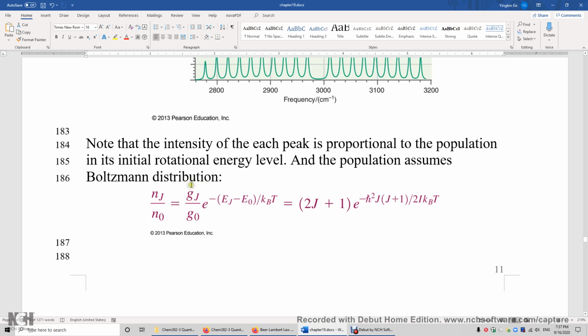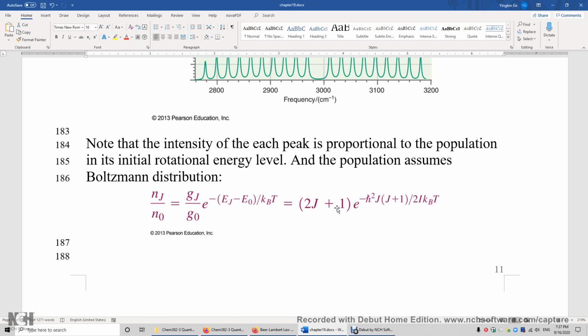Why is that? Actually, this degeneracy G_j is equal to 2J plus 1 because when you have a three-dimensional rotation of a linear molecule with a quantum number J, then its z component can have different quantum numbers.